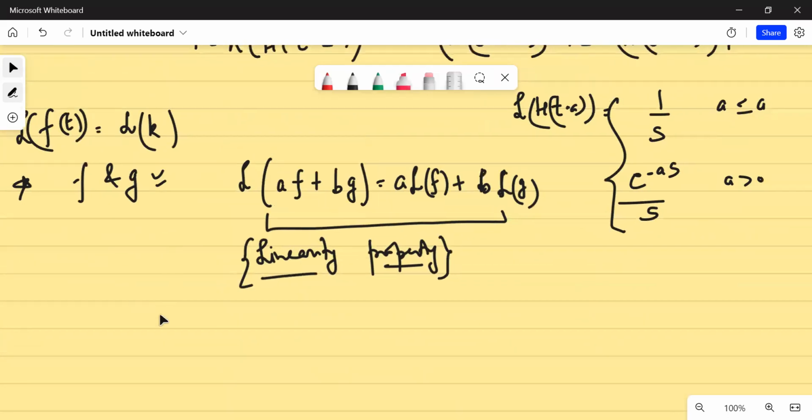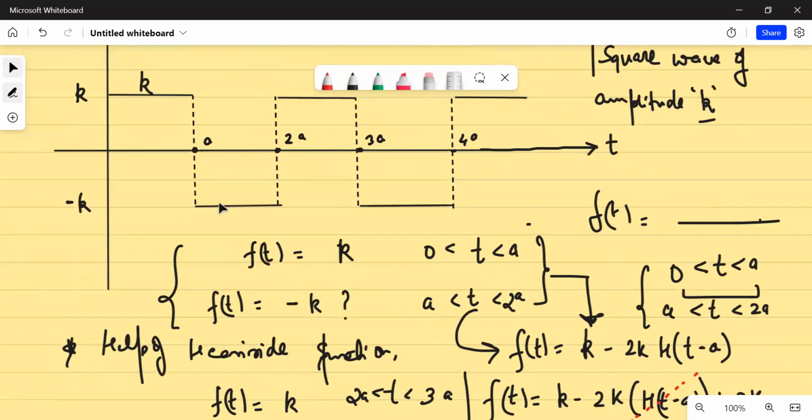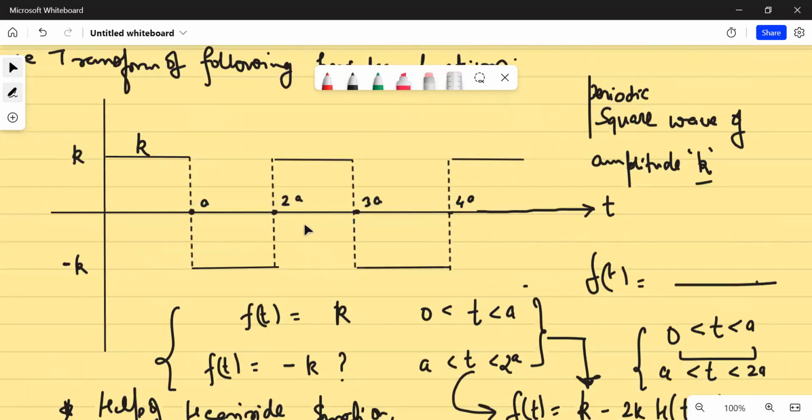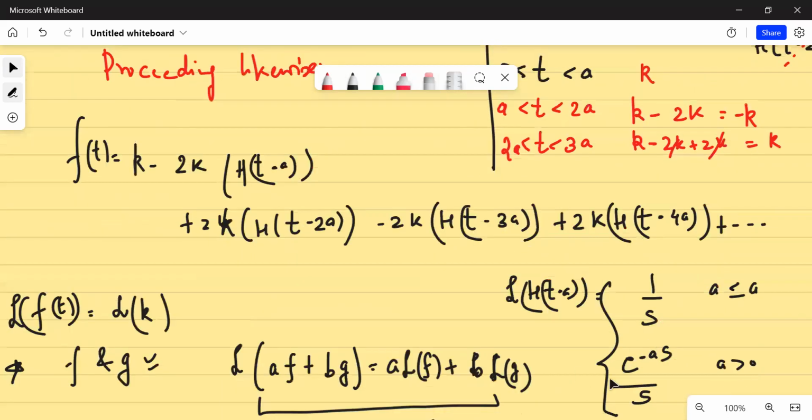if I want to take the Laplace transform of this particular function, this is equal to finding the Laplace transform of k into 1. So k into 1 is k by s. All these terms, a and 2a, 3a, are all on the positive side of t only. So all of these are positive, so my formula would be this.